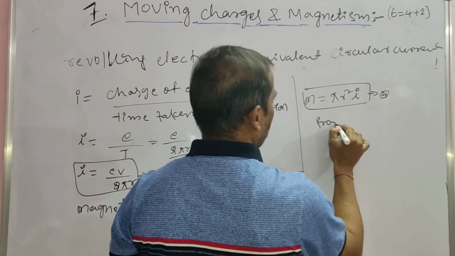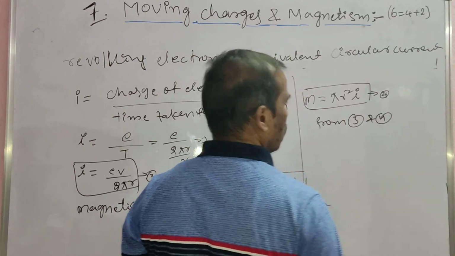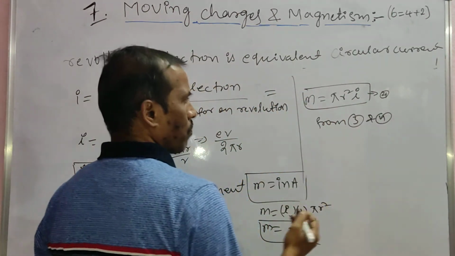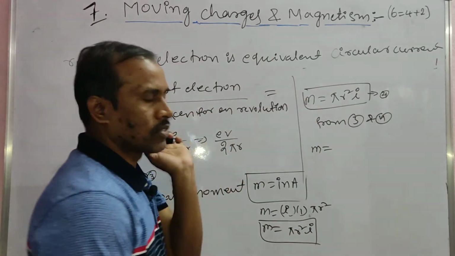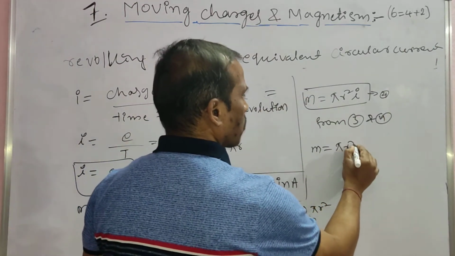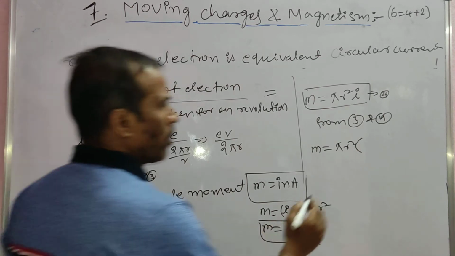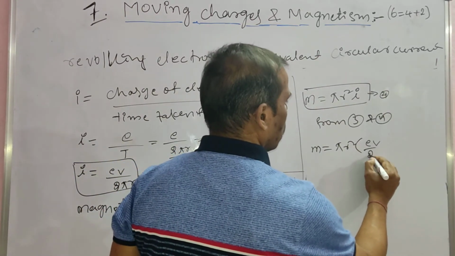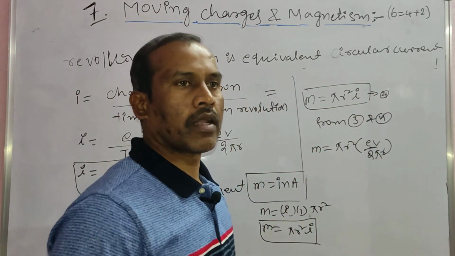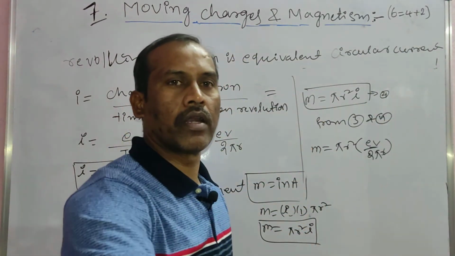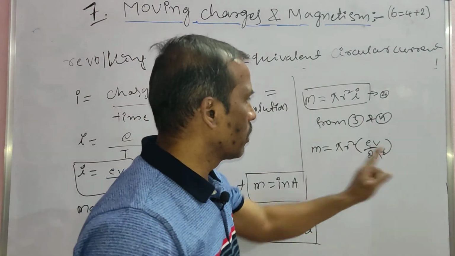From equations 3 and 4 we get the magnetic dipole moment m equal to pi r square into ev by 2 pi r. Here v means the speed of the electron in the orbit, e means the electron charge, and r is the radius of the circle.